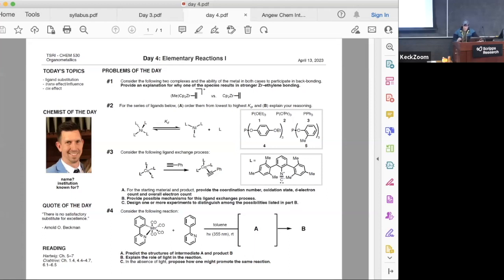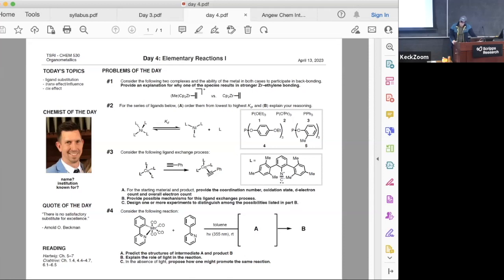So in today's lecture, we will wrap up our discussion of bonding models for organometallic and coordination complexes, and understand concepts like splitting energies and how that affects electron pairing and frontier orbitals.